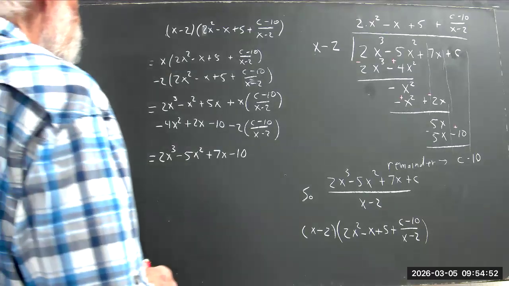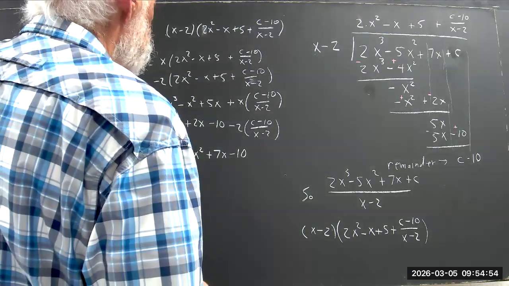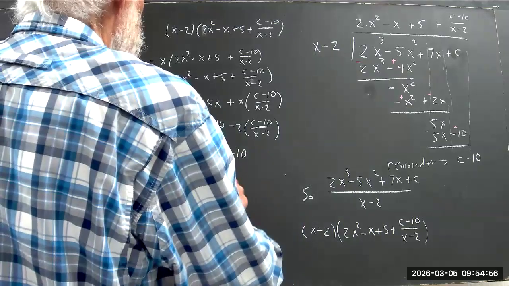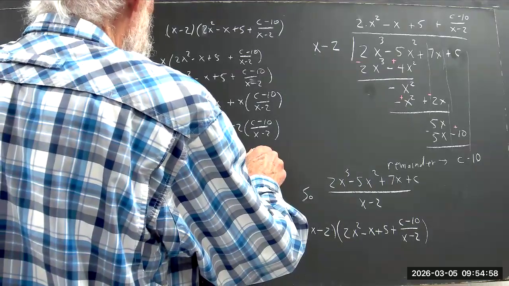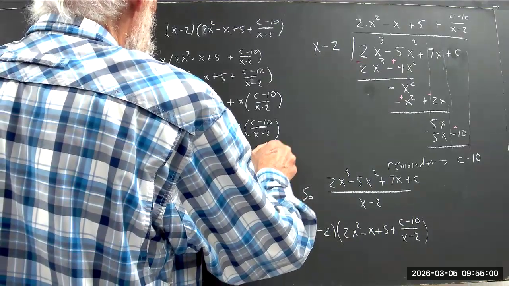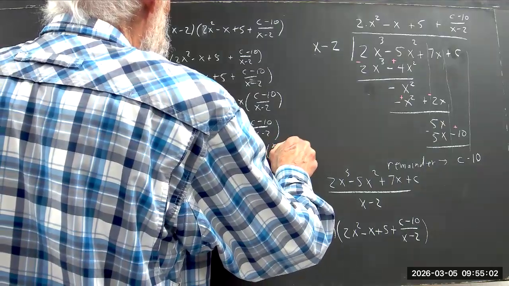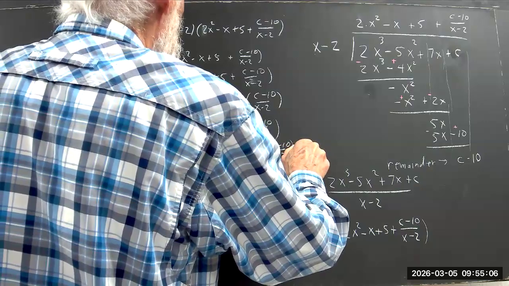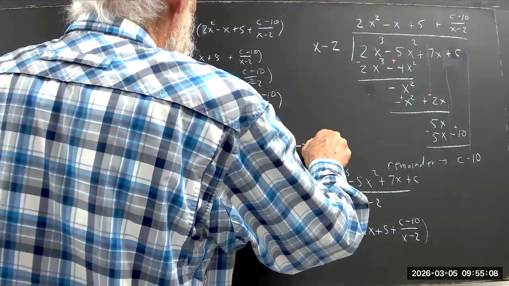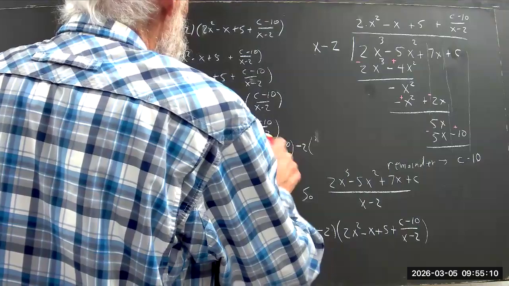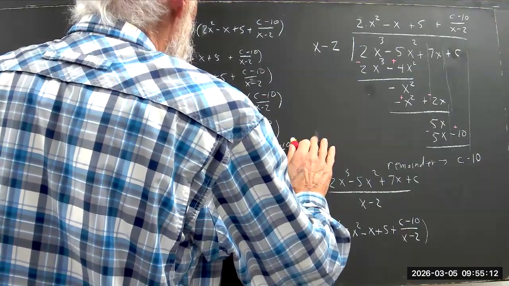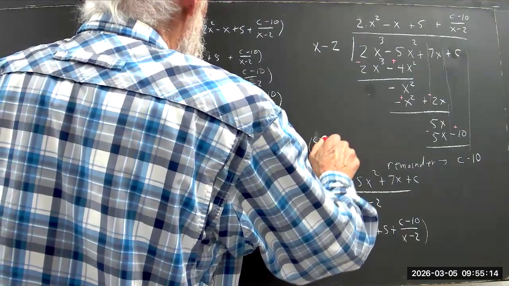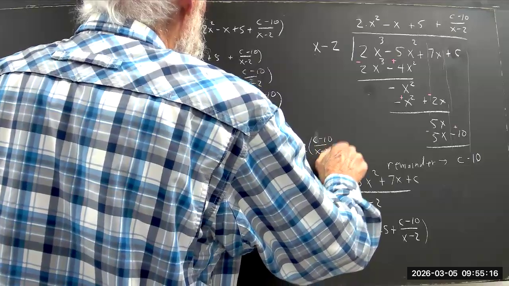And then we have plus x times (c minus 10) over (x minus 2) minus 2 times (c minus 10) over (x minus 2).